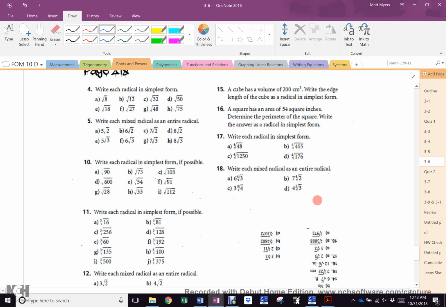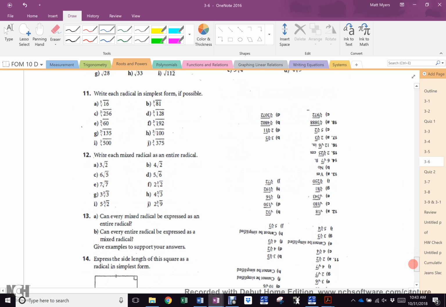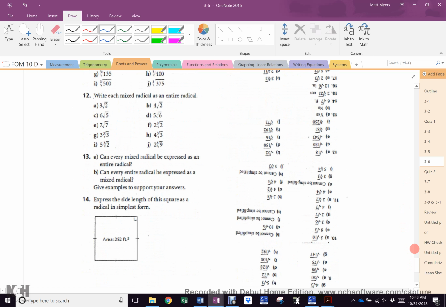The answers are there. If you're really good and you're confident, please notice that the screen is split, right? If you're confident with this stuff on the left, you'll notice the work gets harder the higher the number is.